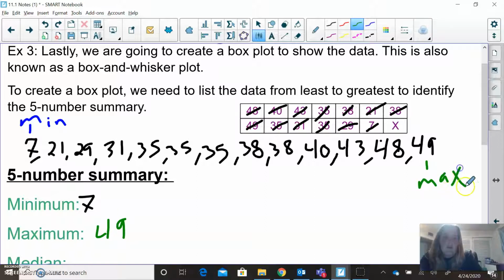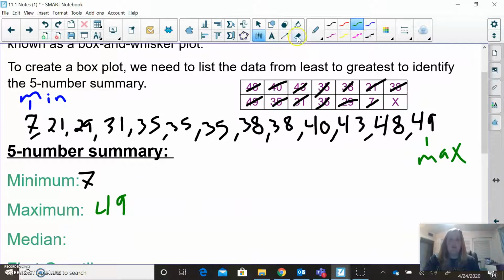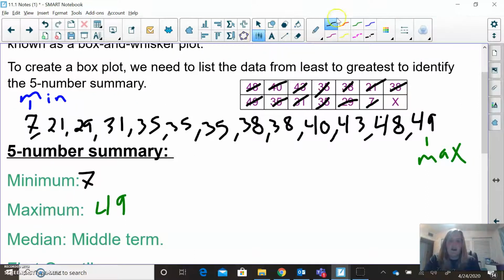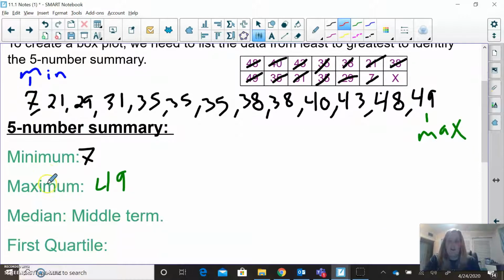To find our median, median means the middle term. It's the number that's directly in the middle. What we're going to do is cross out from each end to find the median. So we take 1 over here, 1 over there, then 1 over here, 1 over there.